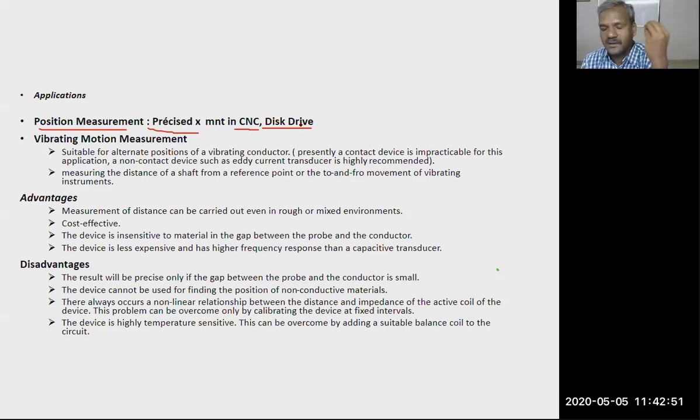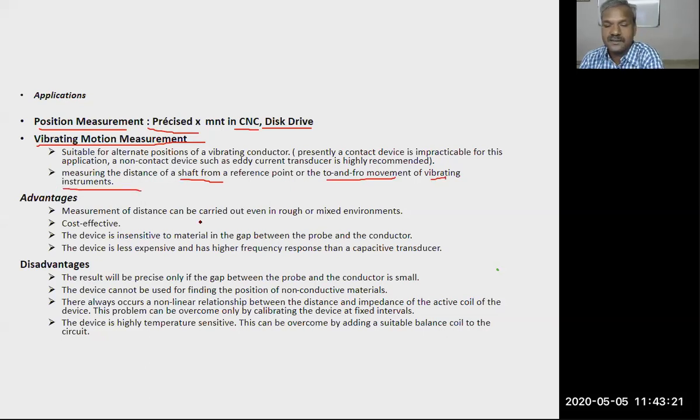You just imagine the size of the probe. It is also used for vibration measurement, mainly non-contact vibration measurement. Mostly vibration is measured using contact type, but this is used for non-contact, measuring the distance and to-and-fro motion of a shaft in vibrating instruments.